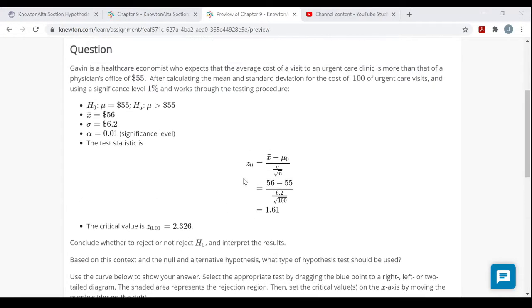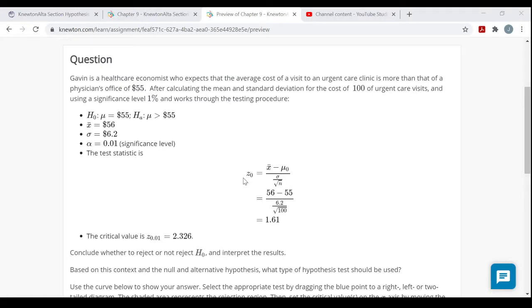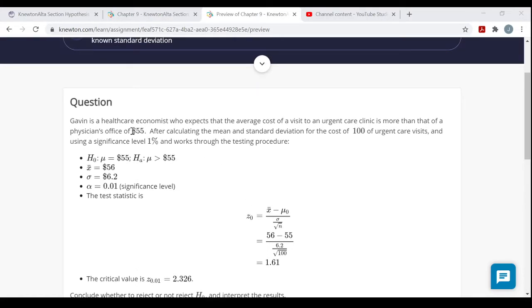I'm going to actually write out myself what steps I would take to perform a hypothesis test, because we're going to eventually have to do all the steps ourselves. So here, Gavin is a healthcare economist who expects that the average cost of a visit to an urgent care clinic is more than that of a physician's office of $55. So more than $55.